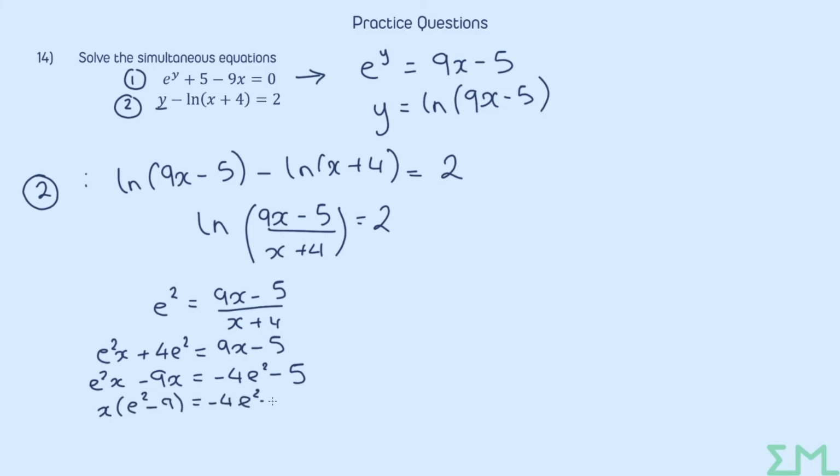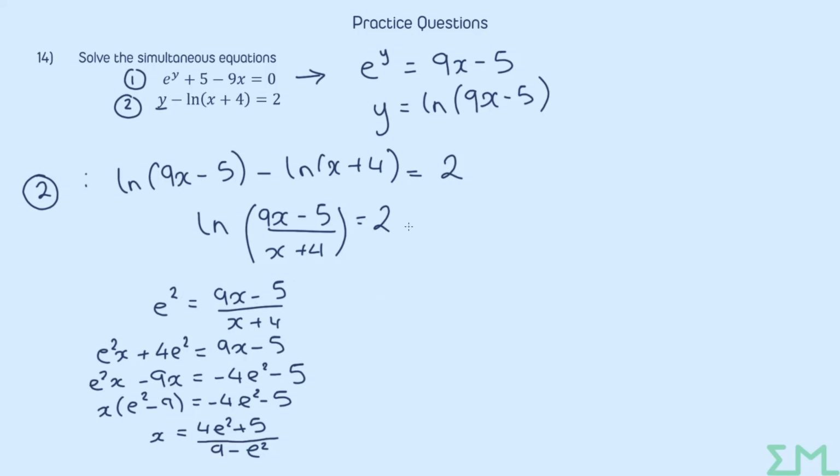Now I don't like having these two negative terms at the top, so I'm going to make them both positive, and I'm going to flip around the e squared minus 9 to make it 9 minus e squared. So it's like I'm multiplying the top and the bottom by minus 1, which just has the effect of changing the signs of everything in both the numerator and the denominator.